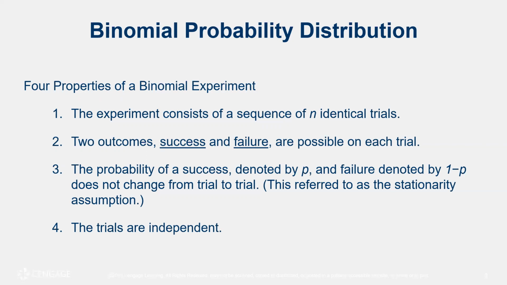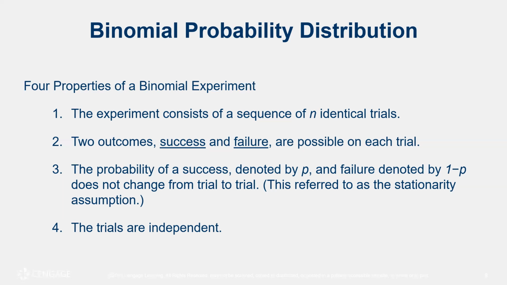So in business, we might say, did we make a sale today or did we not make a sale? Or is this product coming off the production line faulty or not faulty, right? So with binomial distributions, look for something that is either or. It's either a success or a failure.